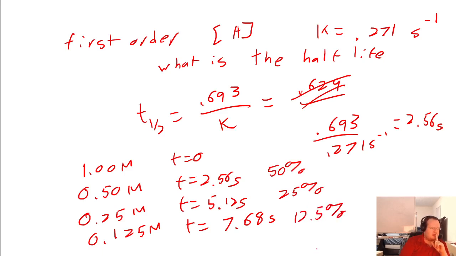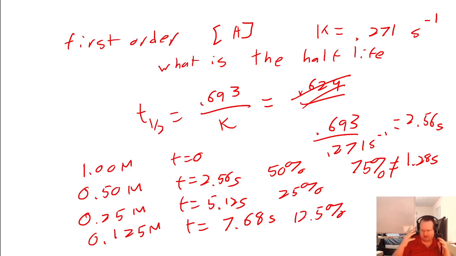It's important to recognize that while I can say that 50% is used up at 2.56 seconds, I cannot say that 75% is what's there at 1.28 seconds. That's not true. That's because even though half of it gets used up in 2.56 seconds, this is not linear. So in the first part of that 2.56 seconds, it's actually gone down further than 75%.